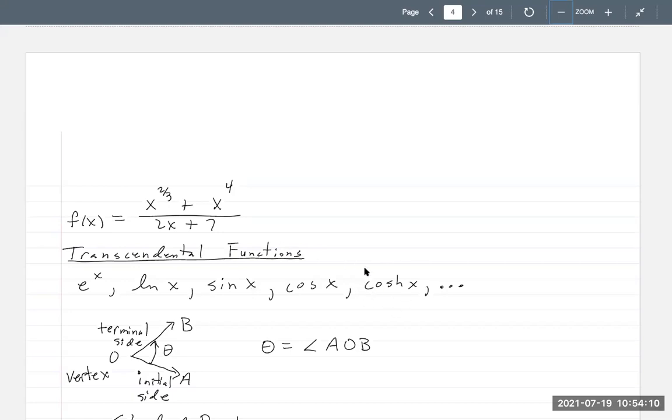Another example of transcendental functions are cosh and sinh, the hyperbolic trigonometric functions. But again, these are really just e to the x in disguise. So really the only transcendental functions that you need to know are e to the x and ln of x.